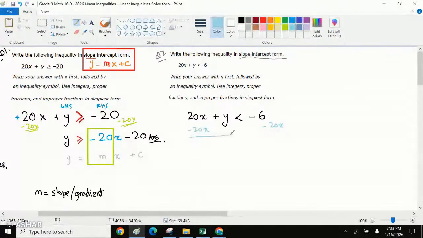When we subtract 20x from either side, we remove this, and this becomes y is less than minus 20x minus 6, because these were the values on the left hand side and these would be the remaining values on the right hand side, right? Do we agree? So what is the slope? The slope is negative 20.